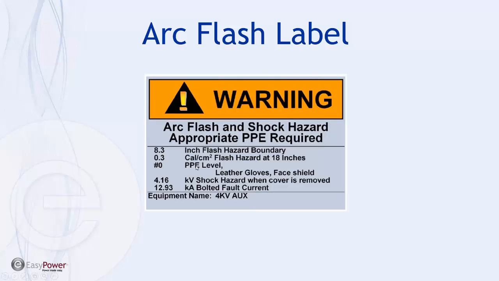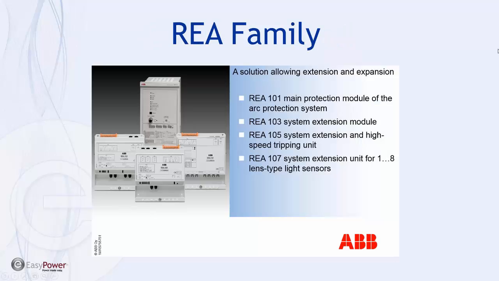Here, it looks like you don't have a whole lot of incident energy, so the arc flash boundary is very close, just 8.3 inches for that 1.2 calories per centimeter squared. At an 18-inch work distance, you can see you have very little incident energy, far below what can hurt you.